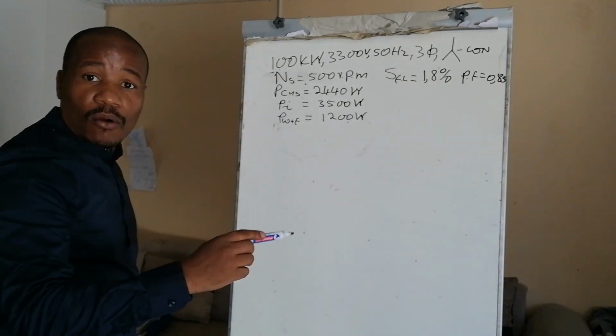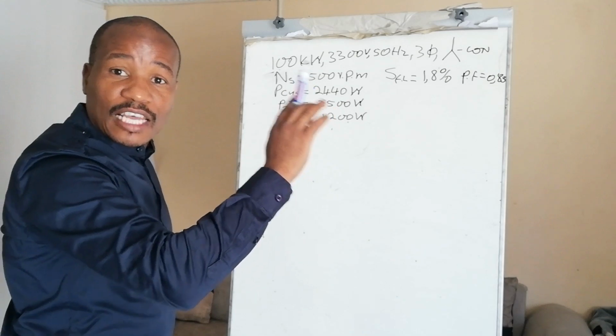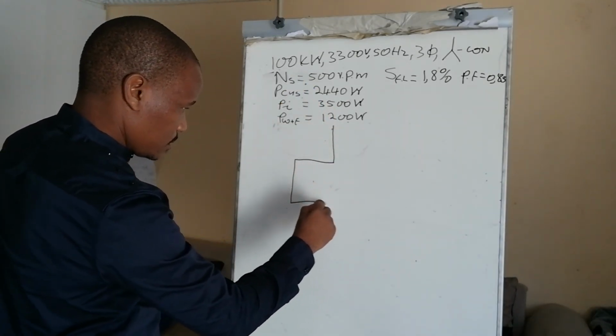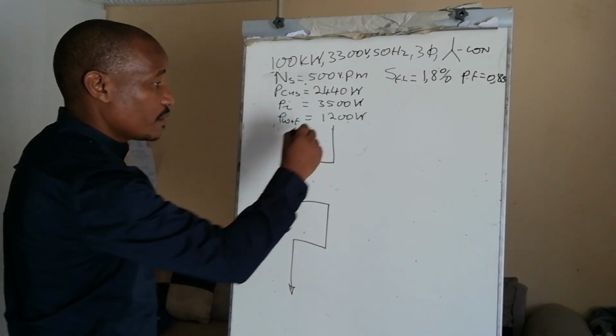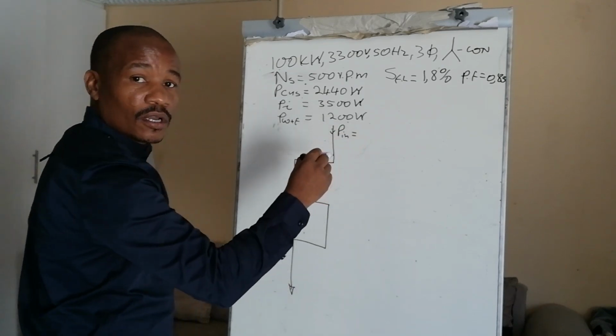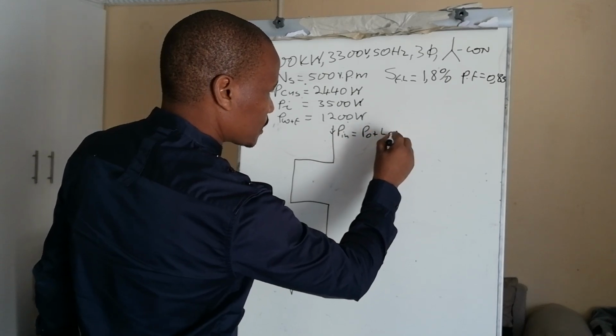Now, gentlemen, it's simple. Look. Always, that's where you should start. Your power diagram. And you've got the input, which is, of course, the output plus losses.